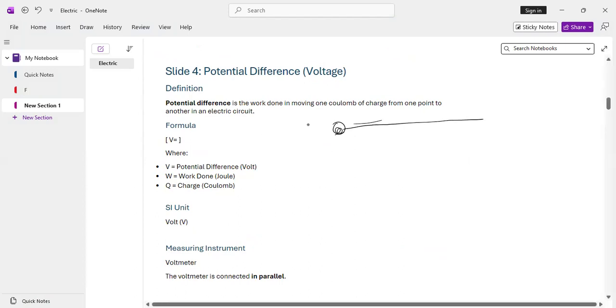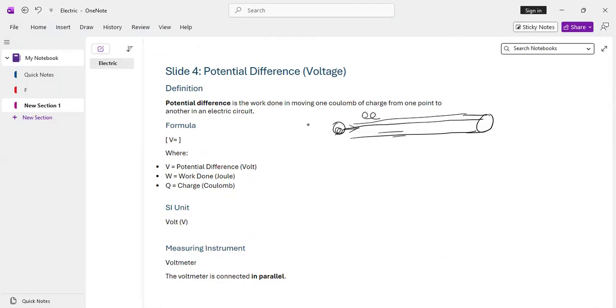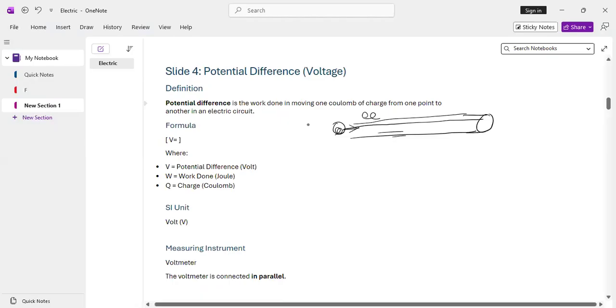If this is a conductor, for example, a metal wire, the rate at which this thing moves is electric current. So now we want to check the work done. The work done by moving one charge from this point to another is called potential difference. That's what we mean by potential difference.